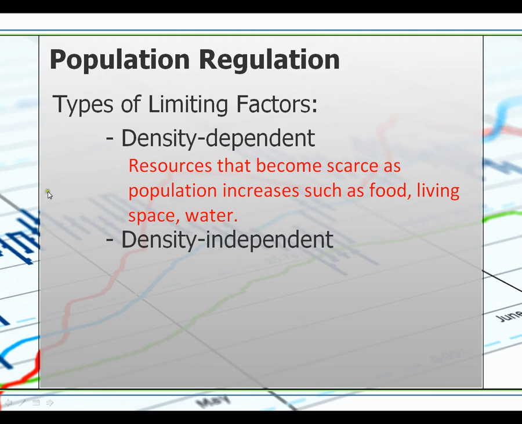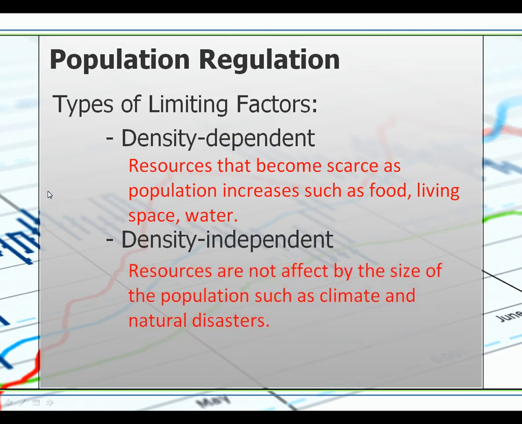Density independent limiting factors are things that are not affected by the size of the population. These could be climate, a cold spell, a drought, natural disasters, a volcano, a tornado, a flood, those sorts of things. Those don't depend on how many organisms are in the area. And sometimes predators can fall into either one of these categories.